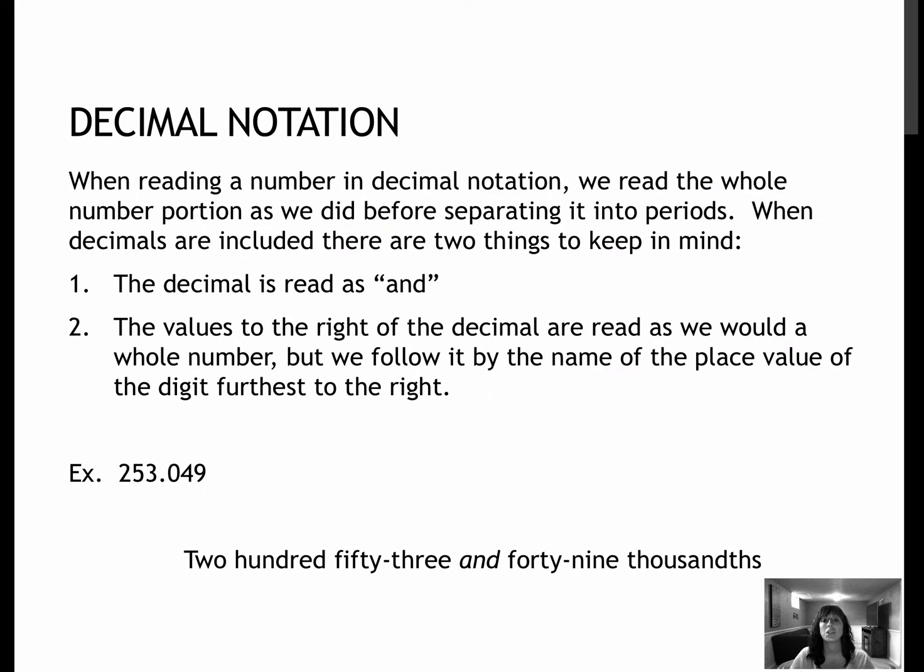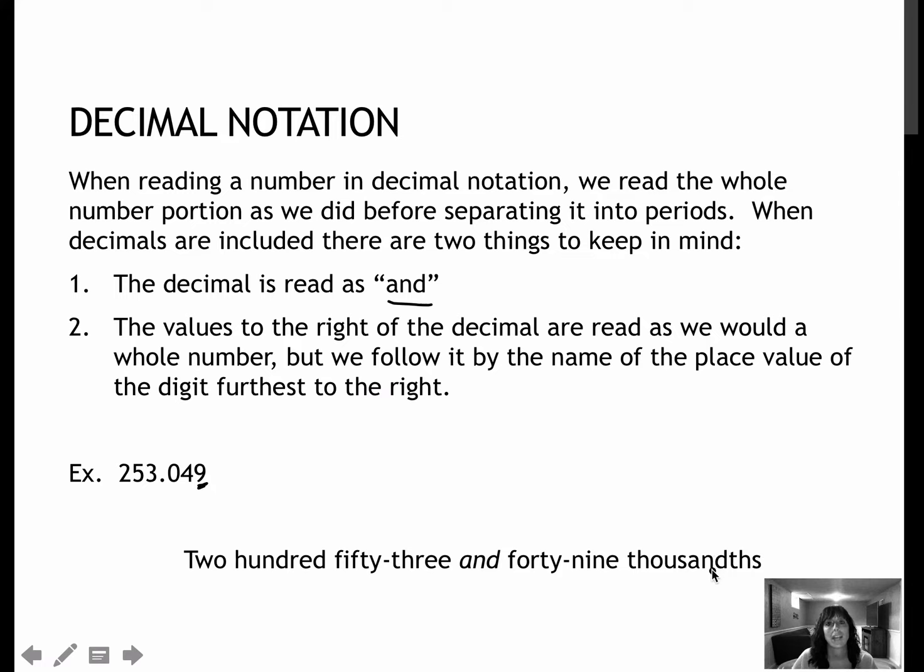As we read those numbers that are in decimal notation, there's a couple of things to keep in mind. The first, the decimal is read as "and." So when we were looking at numbers before, we were very careful not to say the word "and" because "and" does represent the decimal. And if you're looking at the values to the right of the decimal place, you're going to look at the digit furthest to the right. So this would be tenths, hundredths, thousandths.